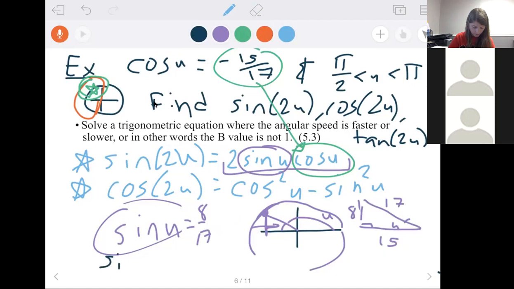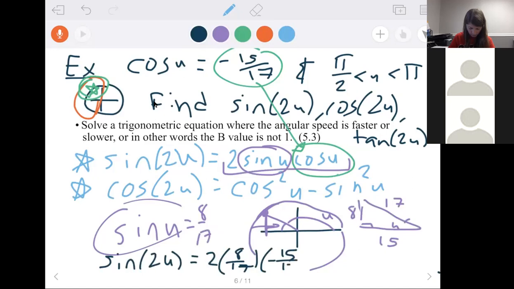Using your double angle, notice we're going to get some large numbers here. It's not going to be pretty. Just go ahead and multiply it out. You're really not going to have to worry about simplifying that fraction. Most likely for most of these, you're just going to have large numbers. Okay, so you multiply it out and you are done.